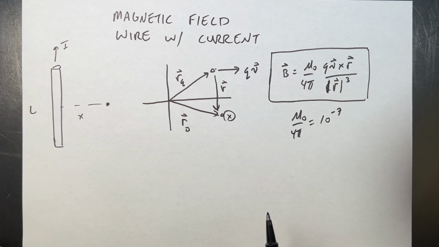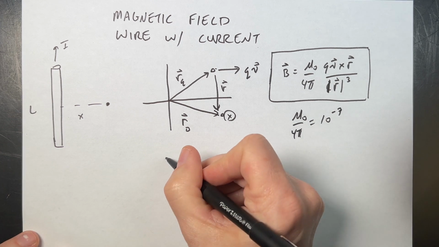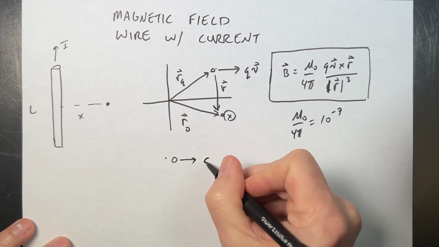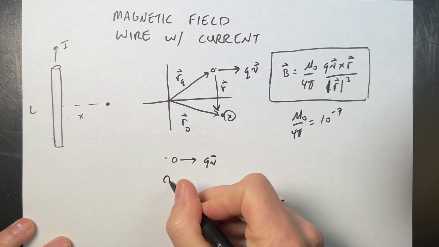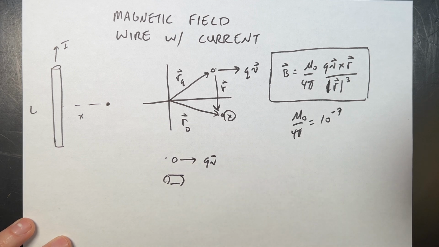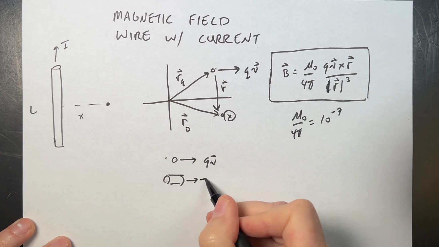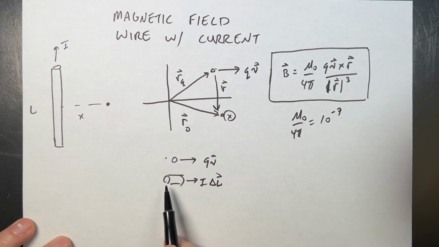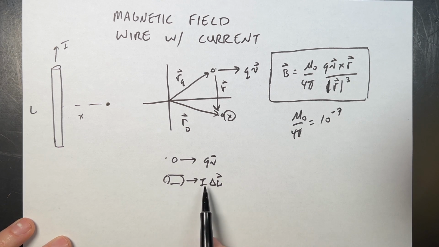But now here we have a current. Well, it turns out that if I have a charge QV moving this way, I can replace that with a little piece of a wire, I delta L, where delta L is the length of the tiny little piece of wire, and I is the value of the current. So this is in the direction of the current.